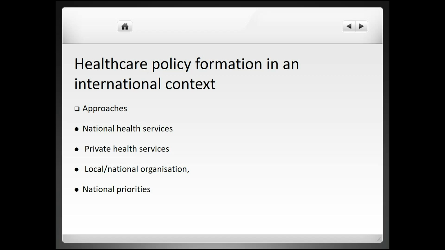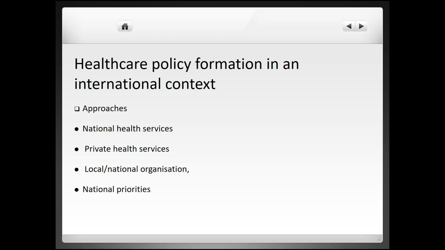Right. And then we have local and national organizations that support the health service. In the UK, you have a lot of charities. We have NGOs, some are local, some are international. If you look at Cancer Research UK, it's an organization within the UK.